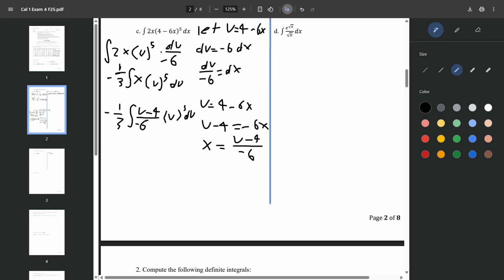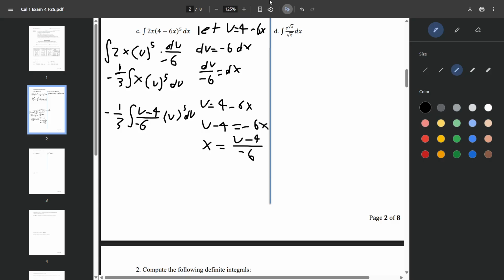Now, next step is that we could actually take this divided by 6, because we could just have a negative 1/6 times u minus 4. So we could also take that out and multiply it with the negative 1/3.